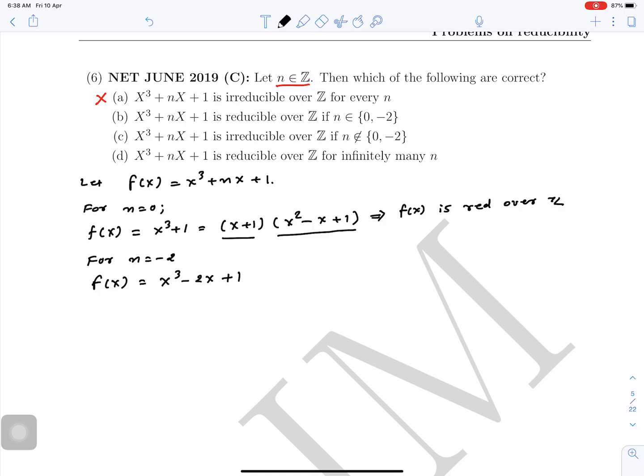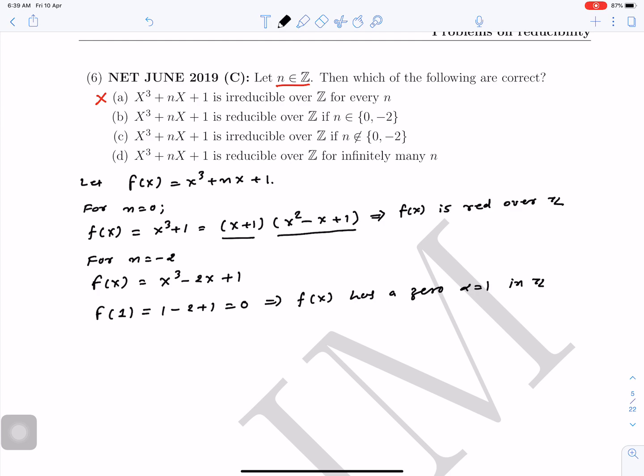By inspection, if you consider f(1), then it is 1 minus 2 plus 1, so it is 0. So it means f(x) has a zero, alpha equal to 1 in Z. So can we say that it is reducible over Z?